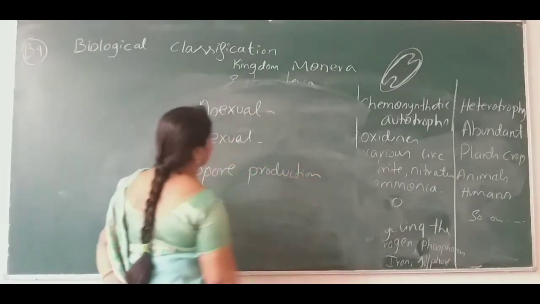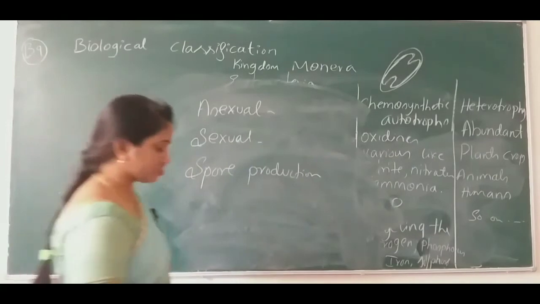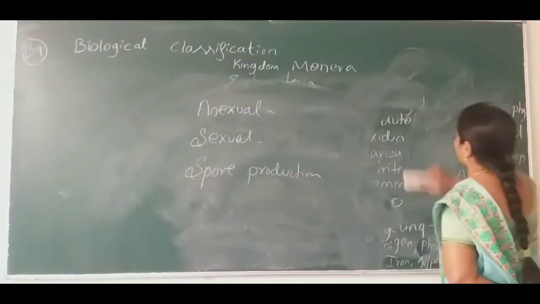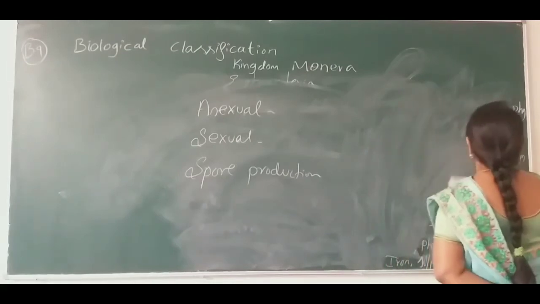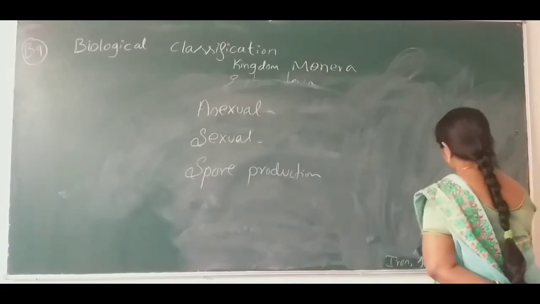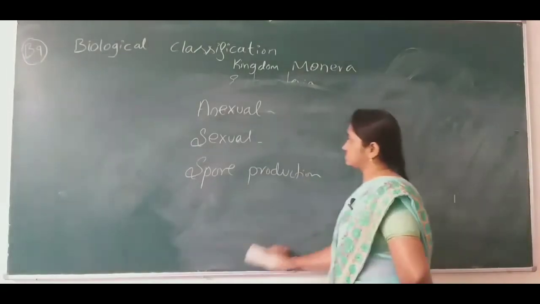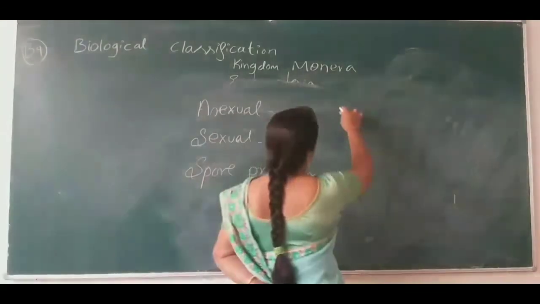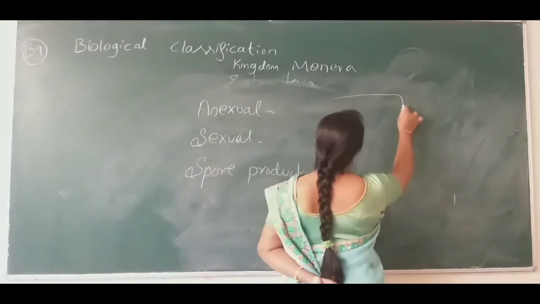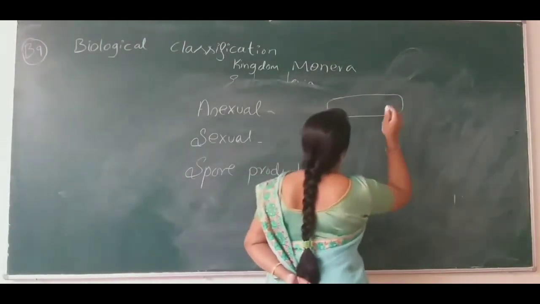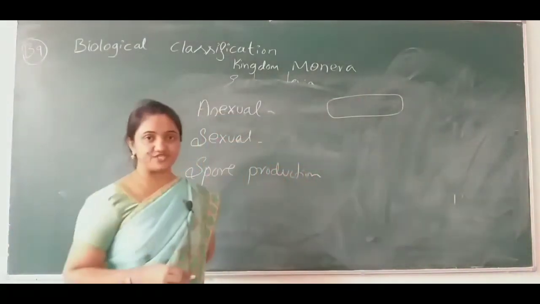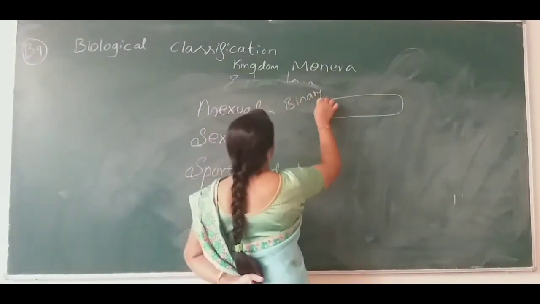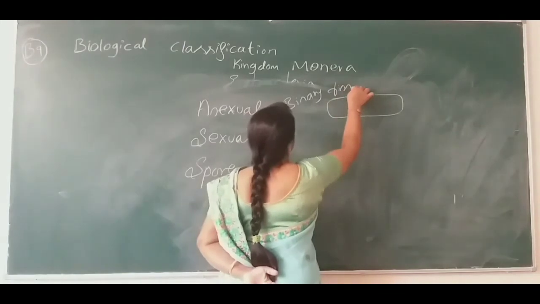Let me tell you in detail about the asexual mode of reproduction, the sexual mode of reproduction, and how it forms a spore. Asexual reproduction occurs by means of binary fission. Let me write here binary fission.